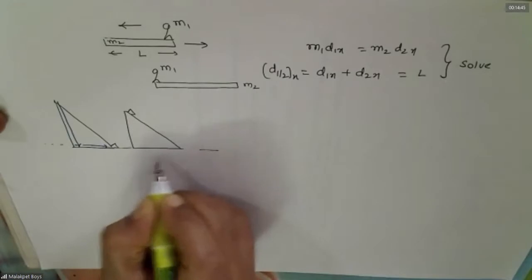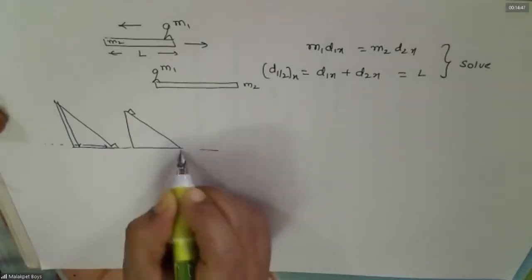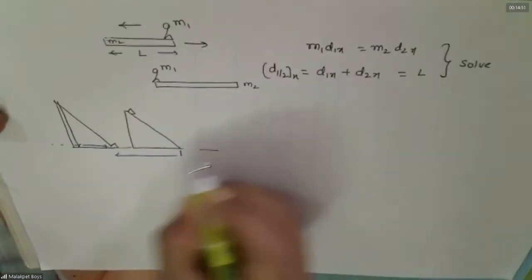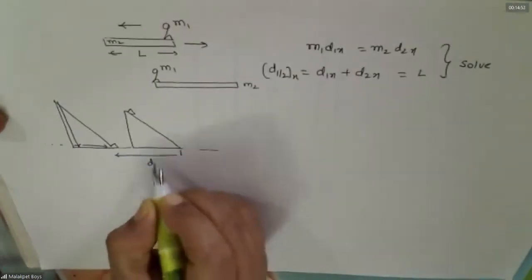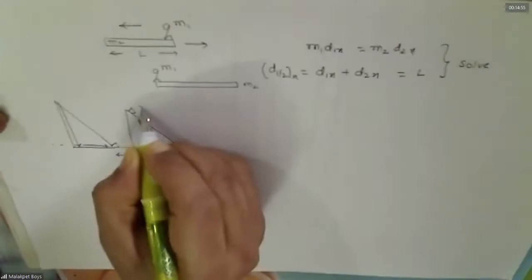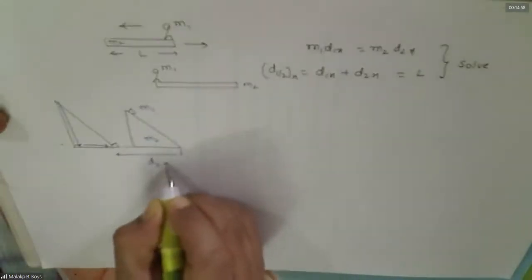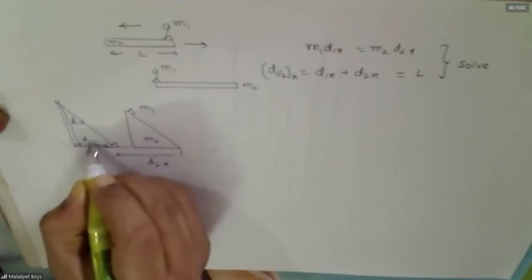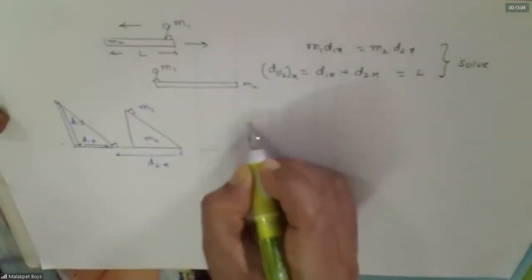However, this has only the vertical. This is moving only from here to here. If I take this as M2, it has only d2x, whereas this M1 has d1y and d1x.